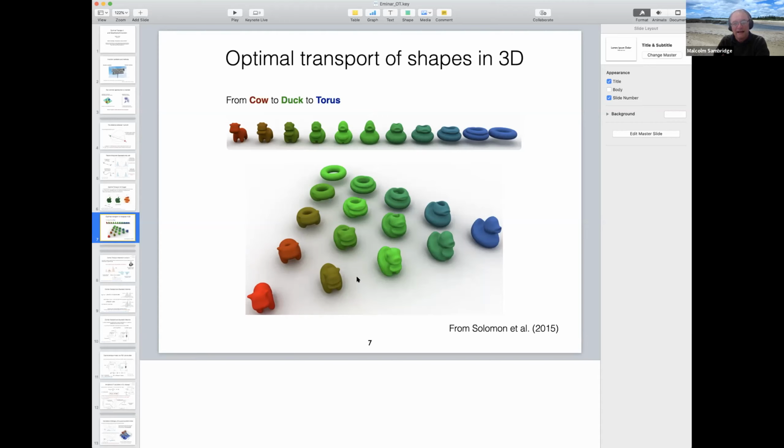Solomon worked out how to represent shapes. So there's some stuff under the hood in this example of how to represent a shape in that context. There is a parameterization inherent in this example, but with some parameterization tricks, you can represent topologically complex beasts, as you see here in optimal transport.